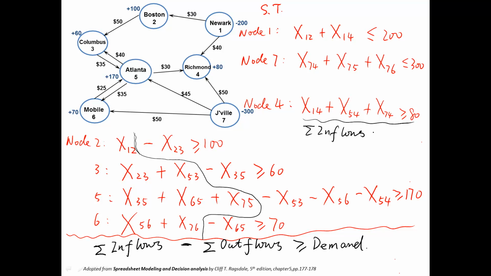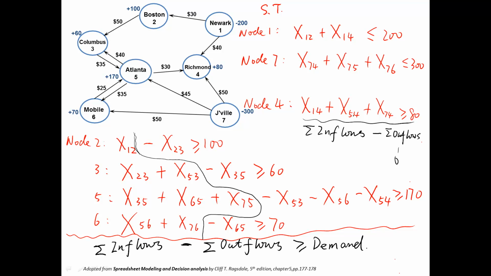And we have this subtract outflows, because the outflows of node 4 is 0. We can still write it in the same format, outflows, which is 0 in this case, right? Is greater than or equal to the demand, which is 80. Okay, so this applies to both transshipment nodes and the demand nodes.